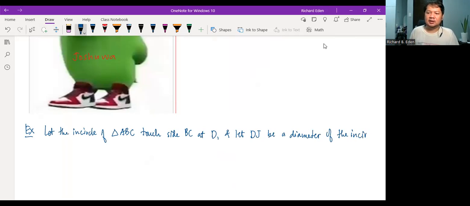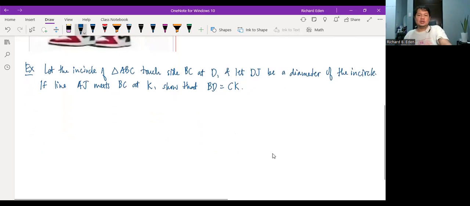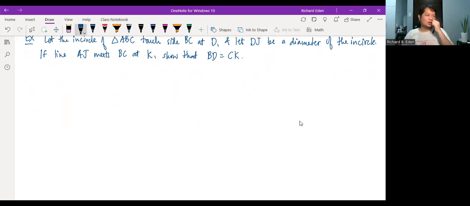If line AJ meets BC at K, show that BD equals CK.